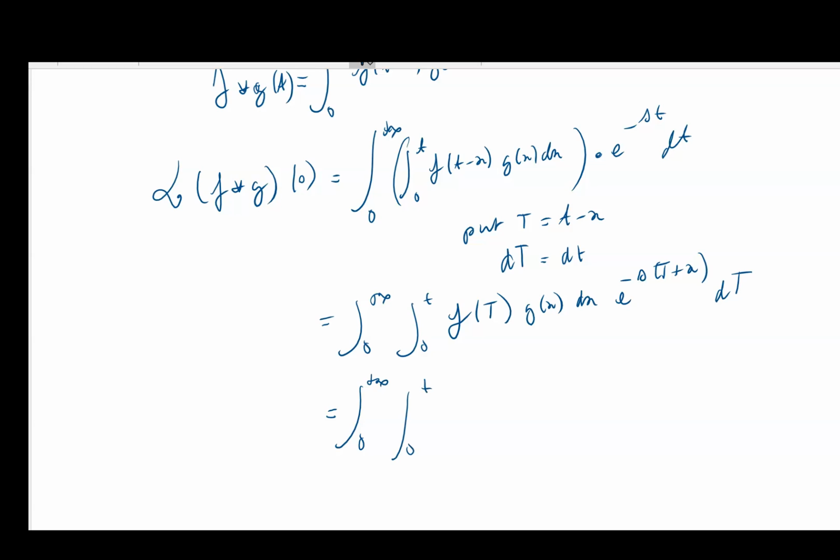Which I can rewrite as the integral 0 to plus infinity, integral 0 to t, and I can put them separately together. Oh, I forgot to take into account my bounds.